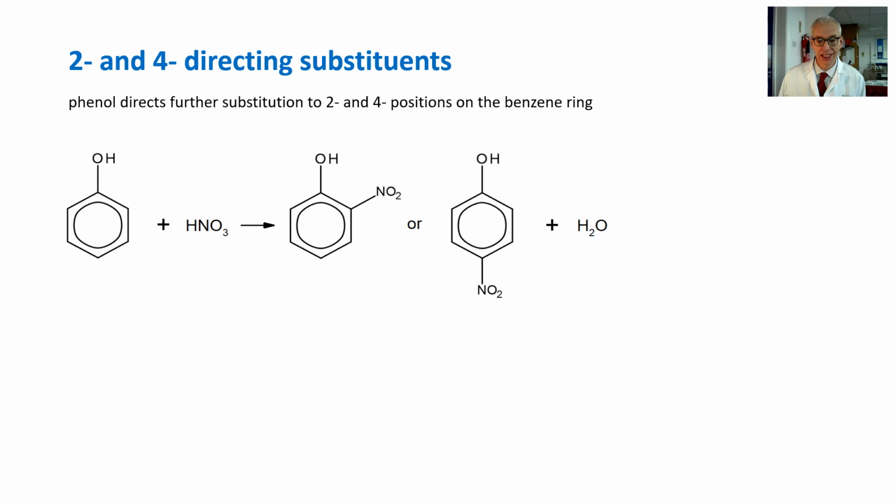Now, why is that? Well, we think it's associated with the lone pair of electrons on the oxygen that is directly adjacent to the benzene ring. If that's the case, try this problem. I'll just remind you that phenylamine, the nitrogen, has a lone pair of electrons, of course.